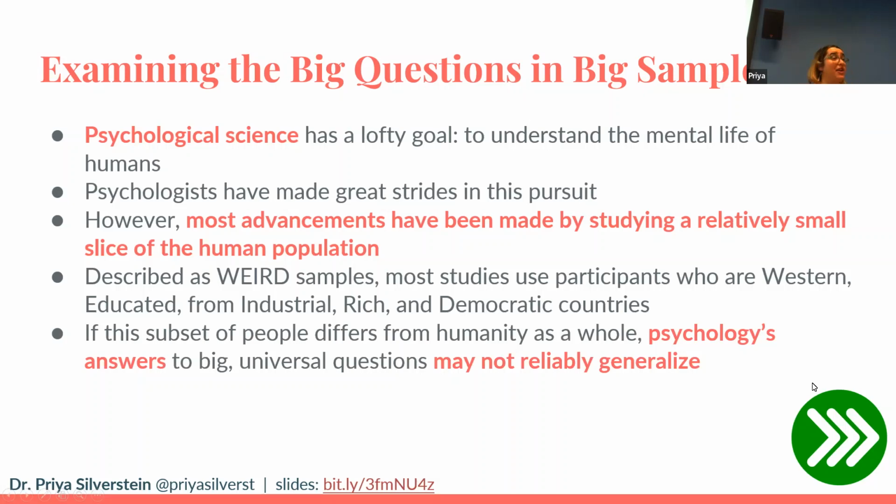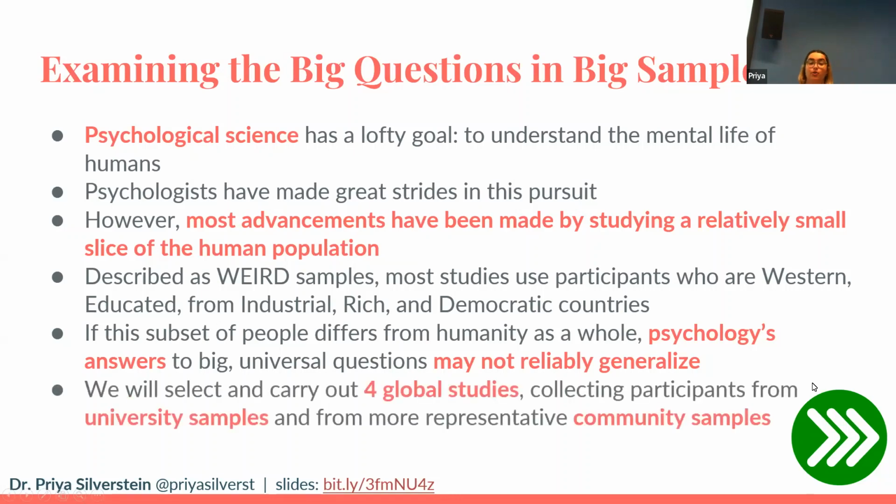In my PhD studies, I'm talking about how do babies learn that someone is communicating to them? That's a pretty big question. But if everyone I've studied has been such a specific population, which they are, then how do I know that answer is the same across the world?